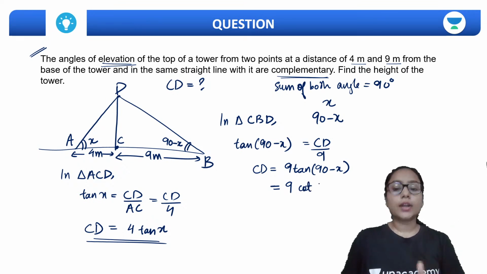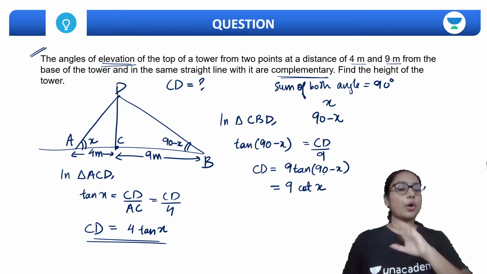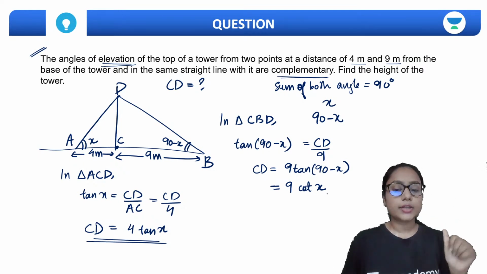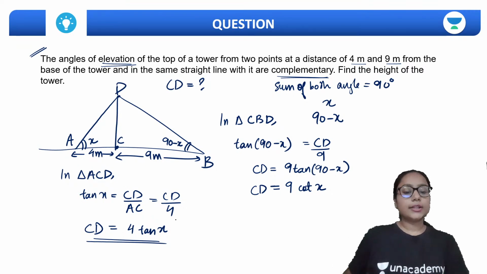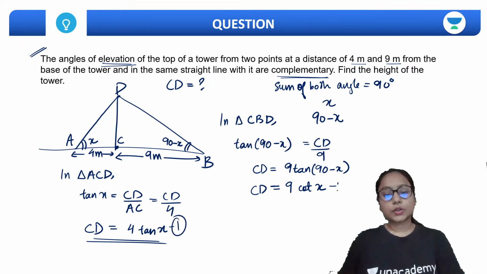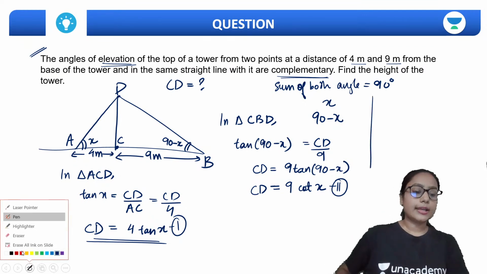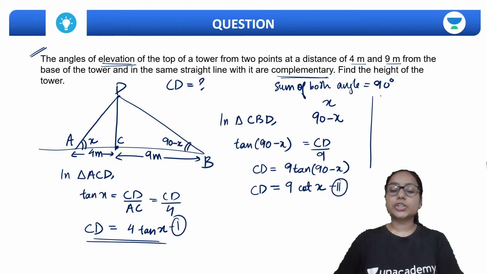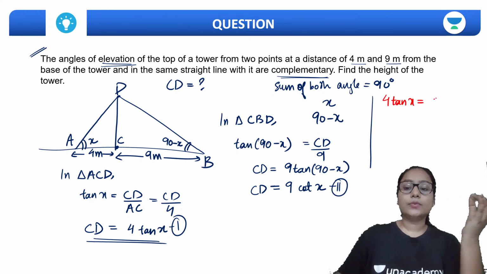So you have cot x. 90 minus x is in the first quadrant, all the angles are positive in the first quadrant, so 9 cot x. This is the value of CD. Now this is also the value of CD. Can I equate both the values? Let us equate both the values. From equation 1 and 2, I have 4 tan x is equal to 9 cot x.